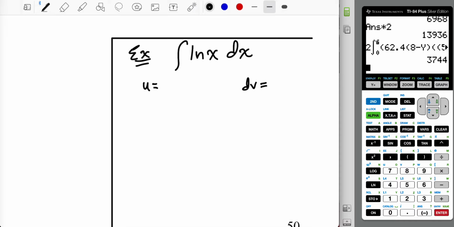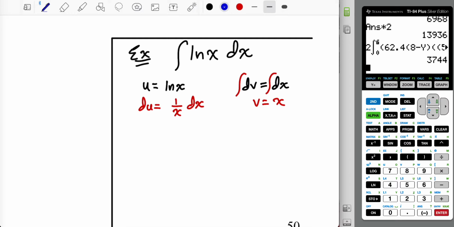So that's going to be my u. The only thing left is the dx. So du/dx equals 1 over x, but I'm just going to write that as du equals 1 over x dx. If I anti-differentiate, I get v equals x.